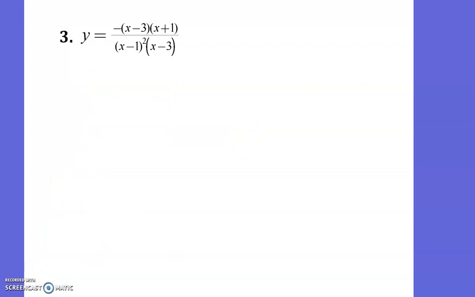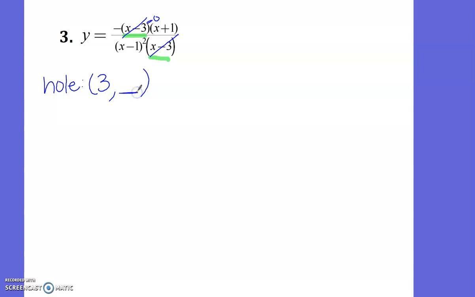Okay, so for this one, this is the first rational function we've seen with a hole in the graph. We have a hole in the graph because those factors are identical. So those cancel out, and if I set that factor equal to 0 and solve for x, I get 3. That's my x value of the hole.